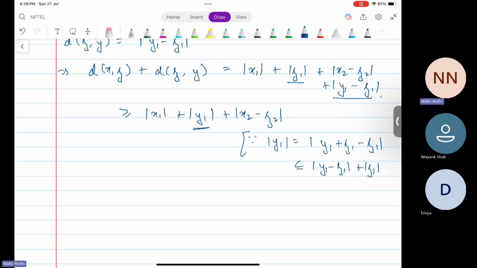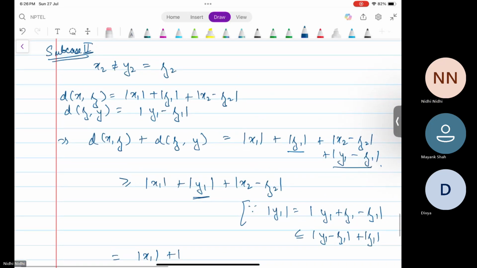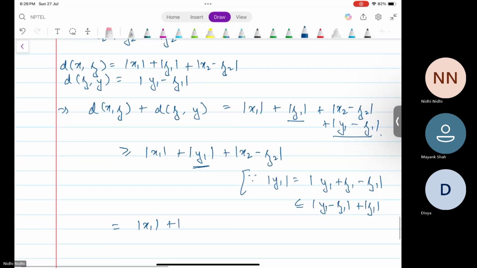Now this is equal to mod x1 plus mod y1 plus mod x2 minus y2.